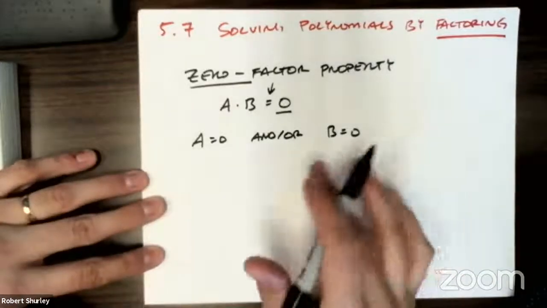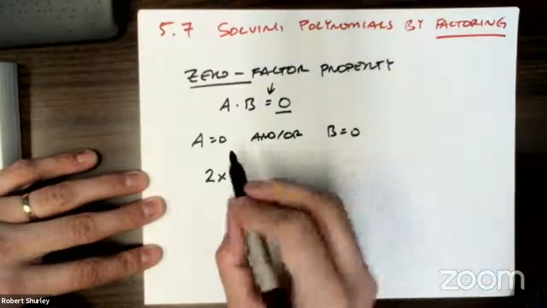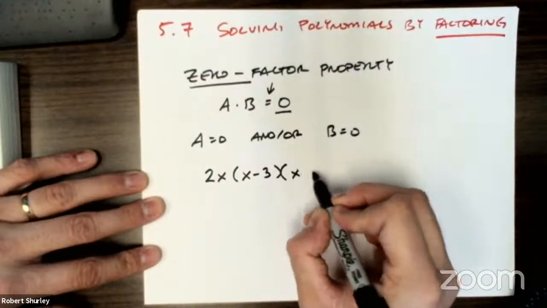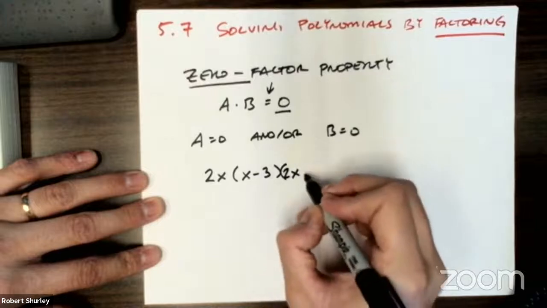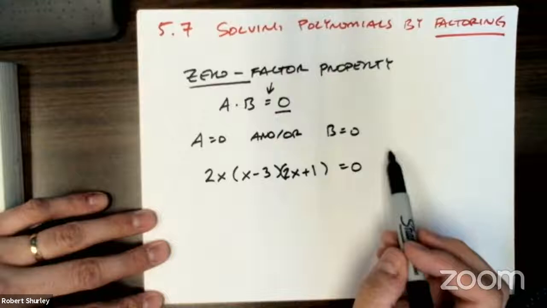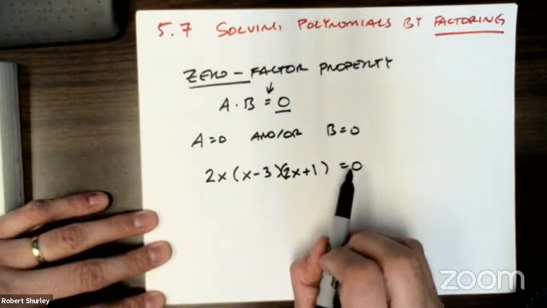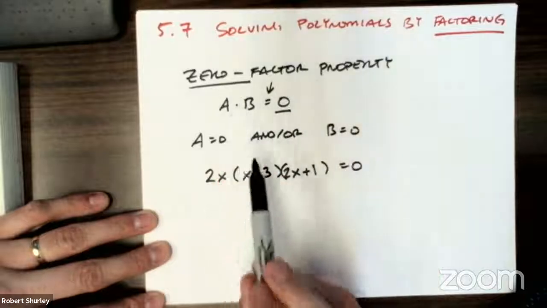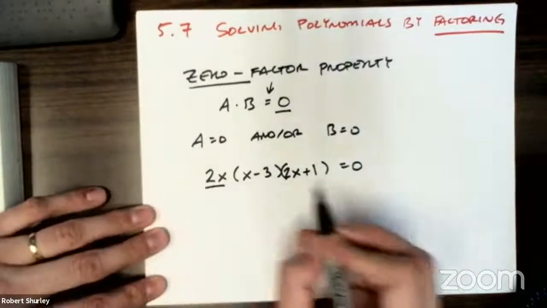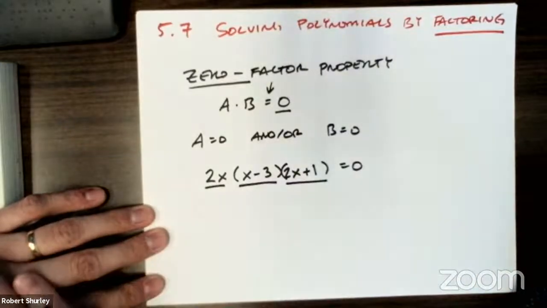Let's say I've got multiple factors: 2x, and then we've already factored it, x minus 3, and then 2x plus 1 equals 0. Now this example has already been factored, but notice we've got an equals 0, so we can use the zero factor property. We actually have three factors going on: the 2x, the x minus 3, and the 2x plus 1.